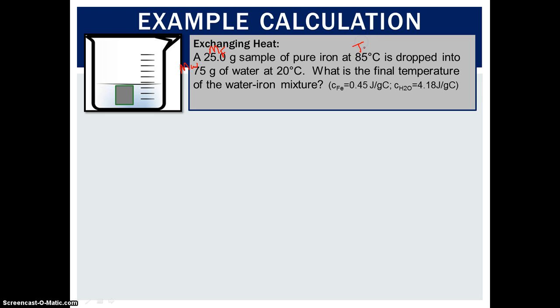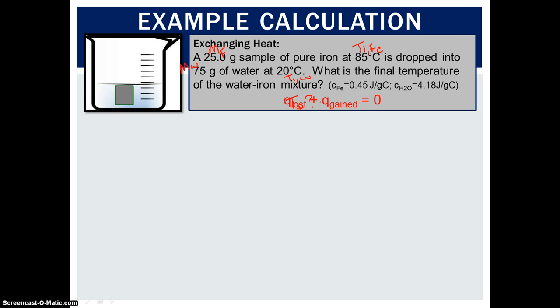This is the Ti of iron. And here we have Ti, let's just say W for water. And what you're looking for is TF, the final temperature. This is the final temperature of both the iron and the water. They'll be the same temperature.